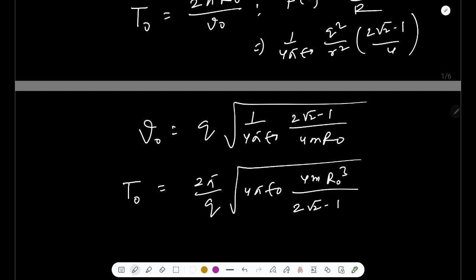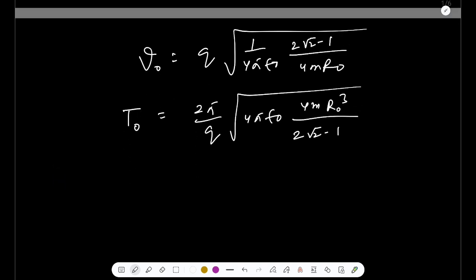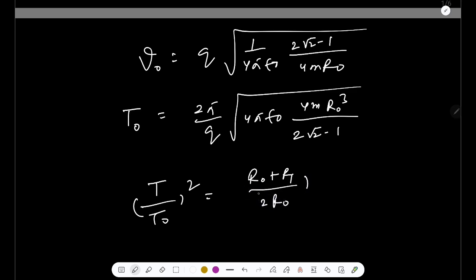So now you can use Kepler's third law, and you should write it like: the square of the required time period divided by the square of the time period T naught is equal to the semi major axis, (r naught plus r1) by 2, divided by r naught, all cubed.